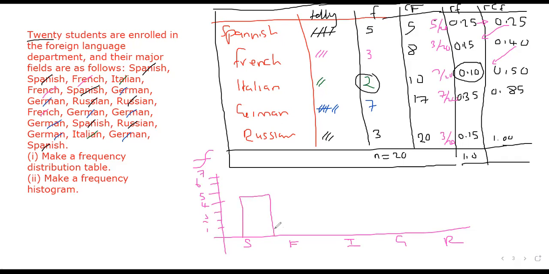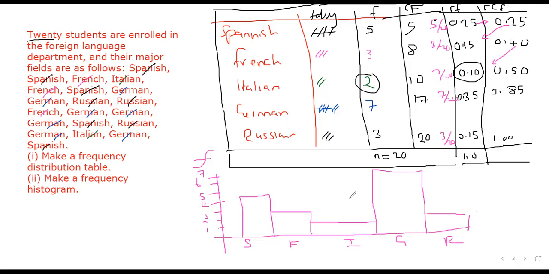For French, it was 3, so that is a 3 there. For Italian, it is a 2. For German, it is 7. For Russian, it's a 3.